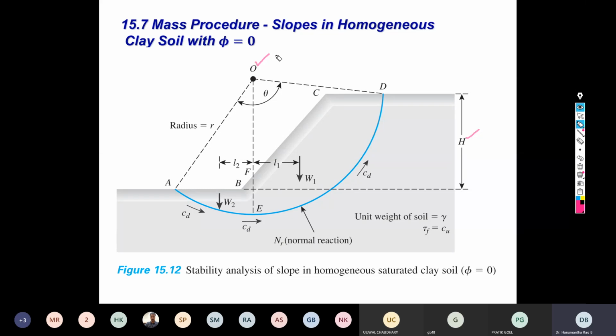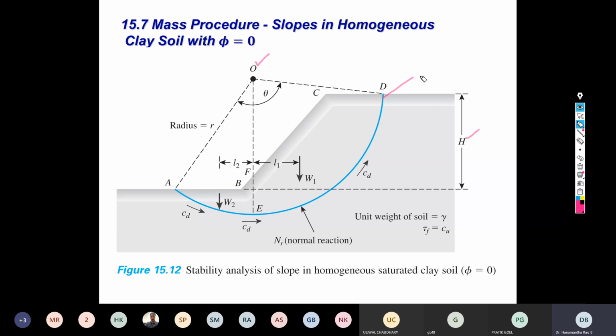But it is literally a daunting task to determine the location of this trial circle. In entire slope stability analysis, the biggest thing is the location of this slip circle. This is also called a slip circle or trial slip circle, whatever it is.